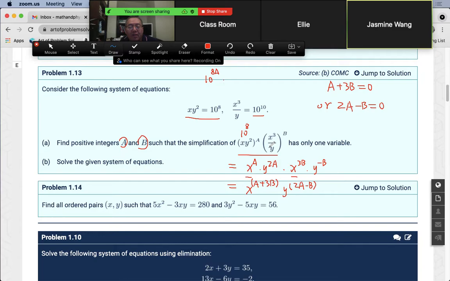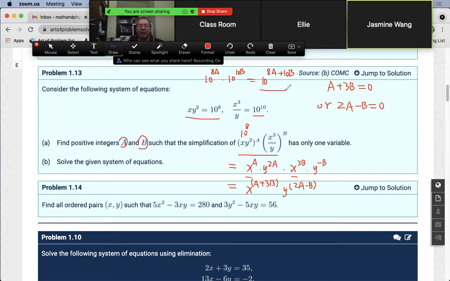Then this one is 10 to the power 10, then to the power b, so we get 10 to the power 10b. Then we can merge these two terms together because they all have the same base 10. So this equals 8a plus 10b.